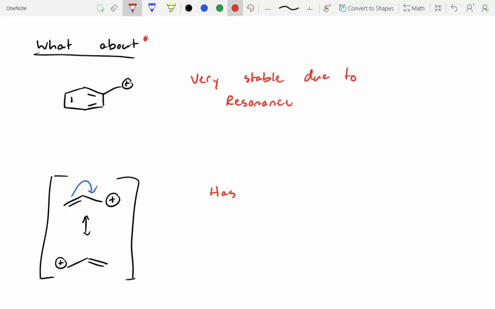So we'll make a note that both of these have resonance. Does anybody remember what that bottom one's called? Close. It's an allylic carbocation. Did you have a question, Marcus?